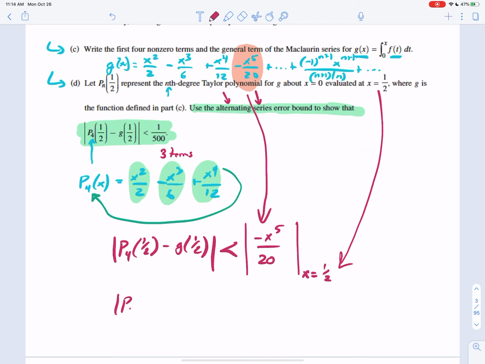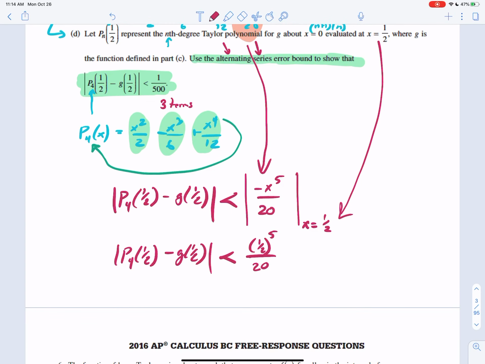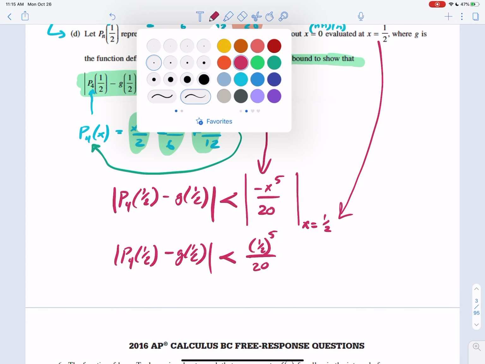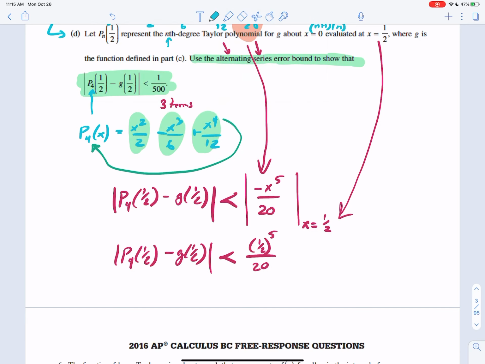So p sub 4 of 1/2 minus g of 1/2, again, when you're subtracting the actual from the estimate, that's just error, is going to be less than the absolute value of a negative will make that go away, so that's just going to be 1/2 to the 5th power over 20. Okay, and this is where you guys can kind of cheat a little. Here we go. Equal is equal, okay? We have to show that it comes out less than 1 over 500. So you could just say, which is definitely less than 1 over 500, and then you're done.